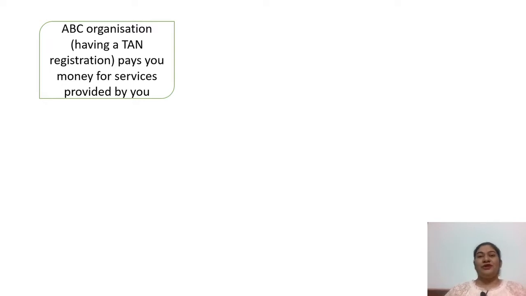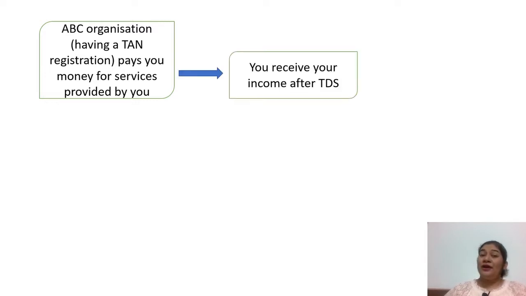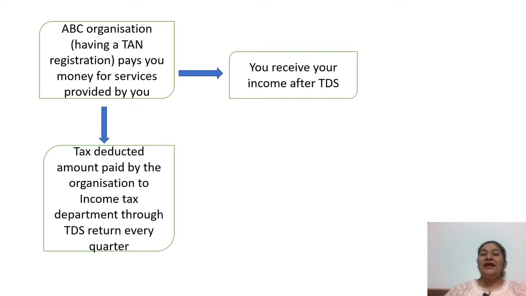So ABC Corporation, while giving you your money, deducted the tax. You received your income after TDS. The amount which the organization deducts, not only for you but for many other people for whom they are deducting tax, they will deposit that amount with the income tax department, in the treasury.